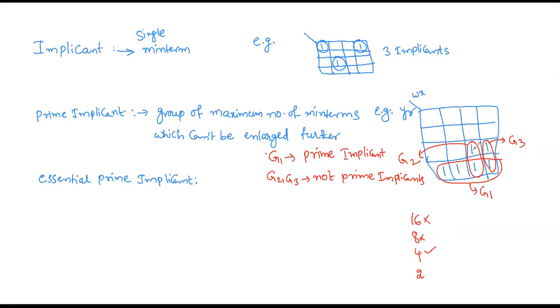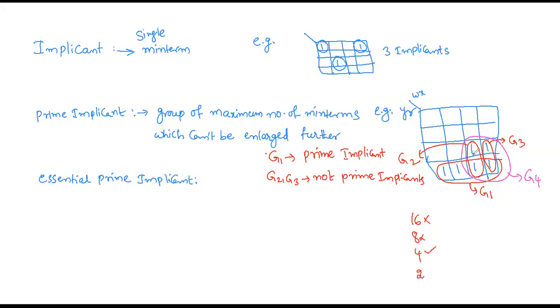There is a chance of increasing their size. G2 size is 2 minterms, G3 size is 2 minterms. But we have a chance to increase the size by combining G2 and G3 as a single group. Then you will get a new group with 4 minterms.